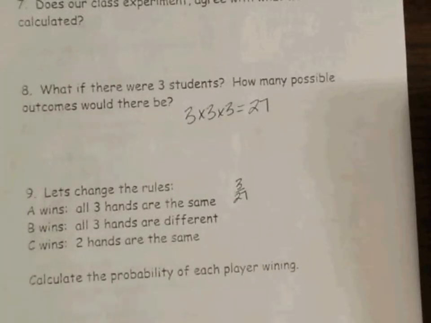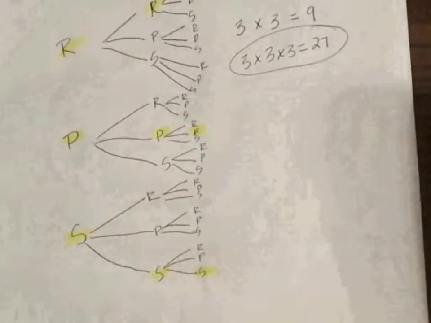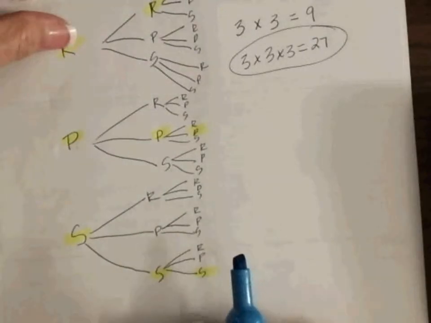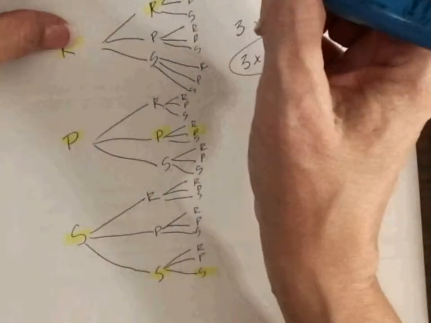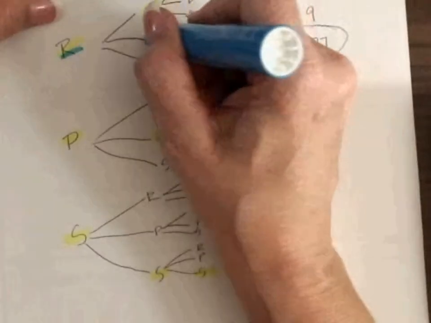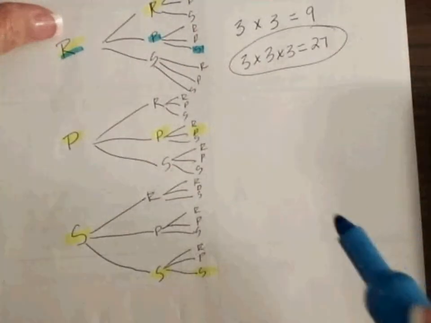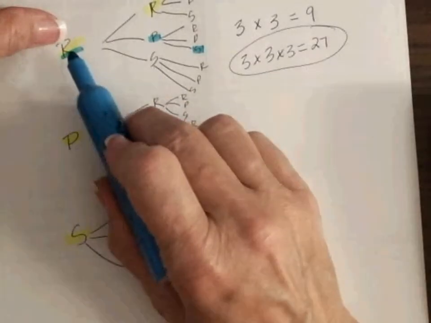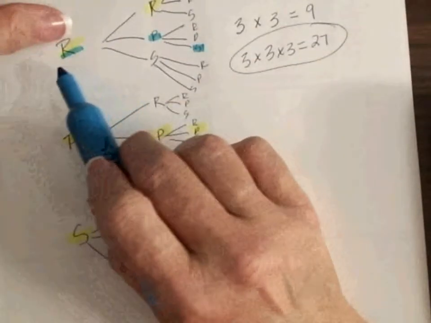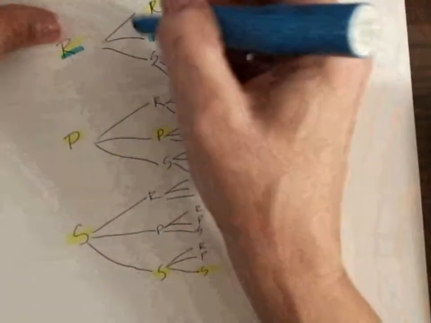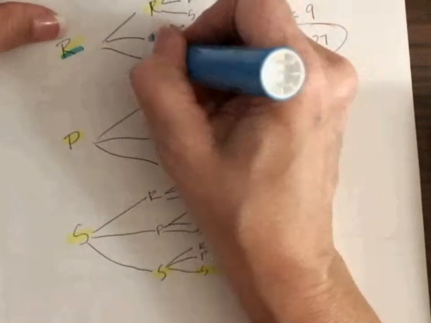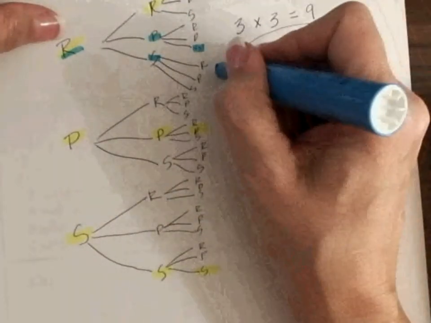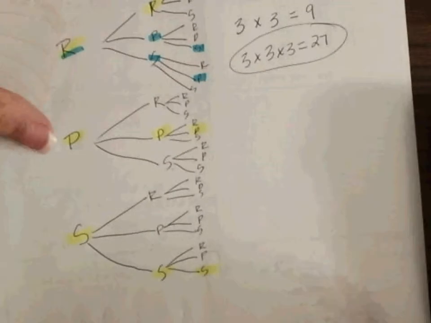Now let's look at B, where all 3 hands are different. I'm going to use blue to highlight that. So let's see. Rock, rock, paper, scissors. Rock, rock wouldn't work. Rock, scissors, paper.